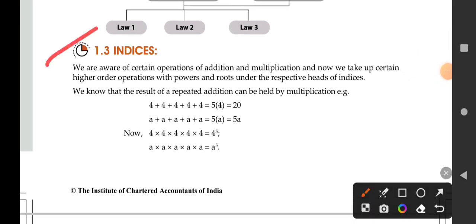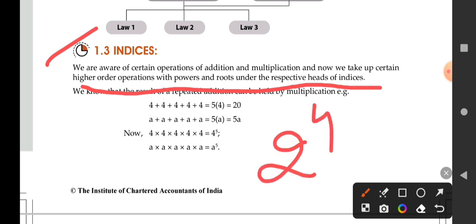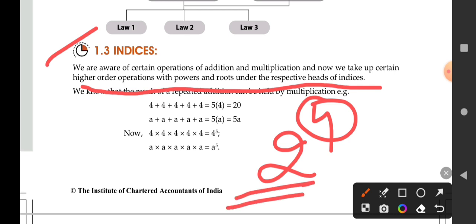Indices. We are aware of certain operations of addition and multiplication, and now we take up certain higher order operations with powers and roots under the respective heads of indices. Let's focus on this sentence. Powers: 2 raised to 4 is a fourth power for the base 2.